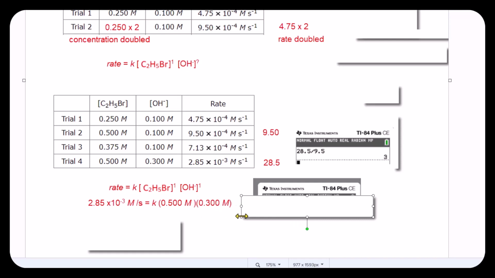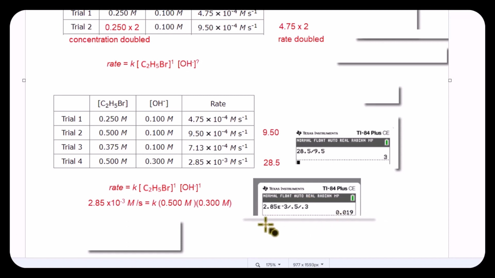Well, this is chemistry, and chemists love math, and we also love constants. So we can solve for this K and find out what the critical constant for this temperature is for this reaction. I'm going to do the math.